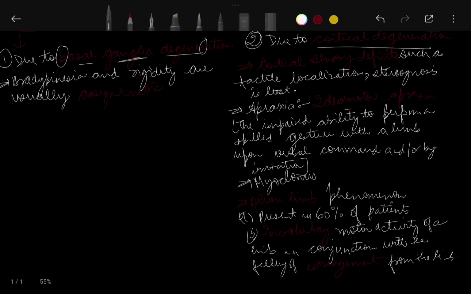In alien limb phenomena, which is present in 60% of the patients, there is involuntary motor activity of a limb in conjunction with the feeling of estrangement from the limb in corticobasal degeneration.